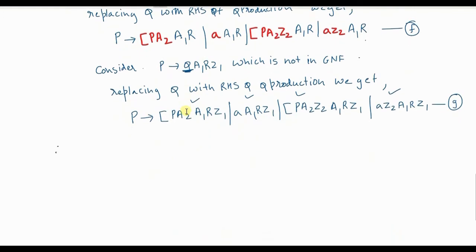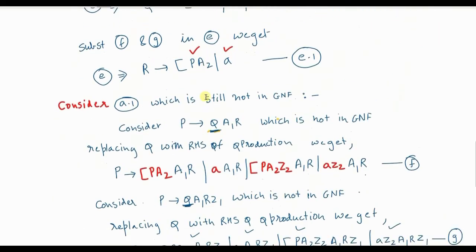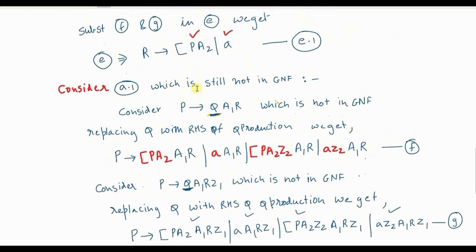Therefore, substituting the non-GNF terms in A.1 with F and G, we get. So I have to now write the final thing.